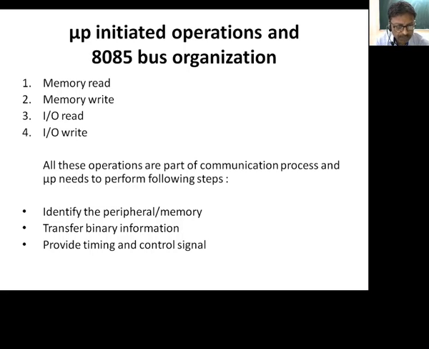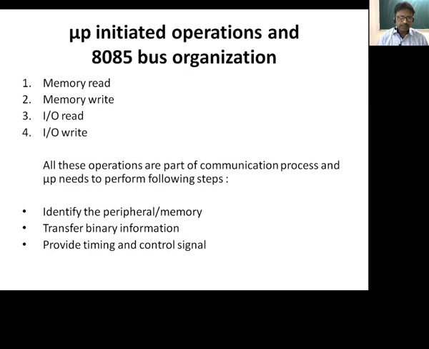The first step is to identify the peripheral device or the memory device. The second is the transfer of binary information, and the third is providing the timing and control signals. First of all, it is necessary for the microprocessor to identify whether it wants to work with a peripheral device or with the memory.